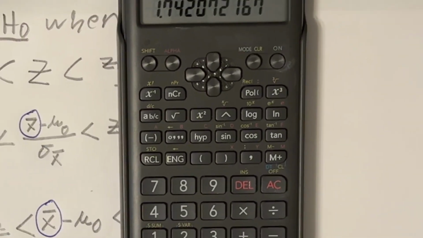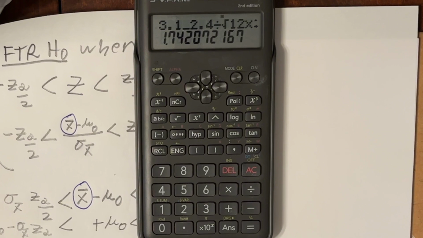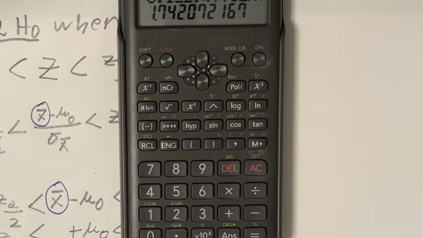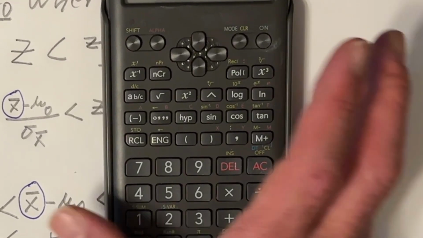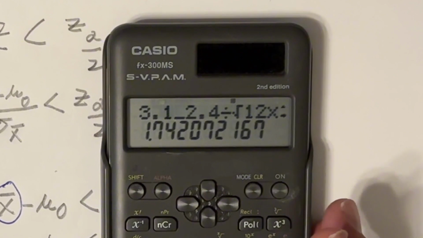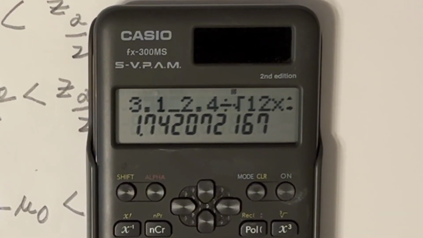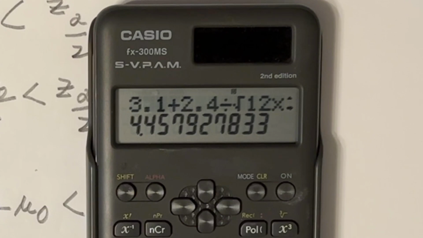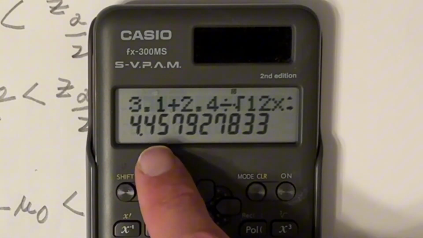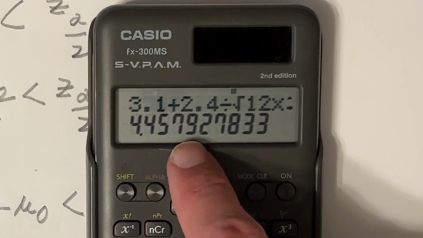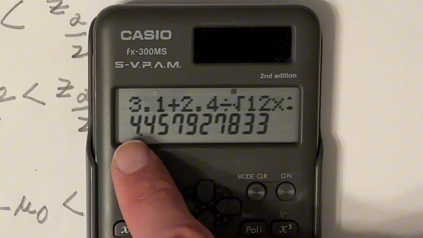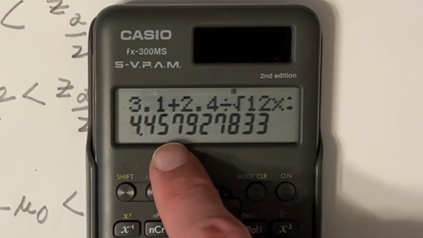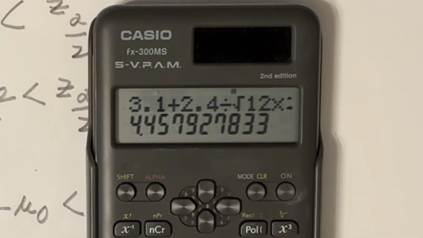See, 3.1 minus this whole business. Here we have 3.1 plus this whole business. So all we have to do is change the minus button into a plus button, and then hit the equals button, and we get 4.458.